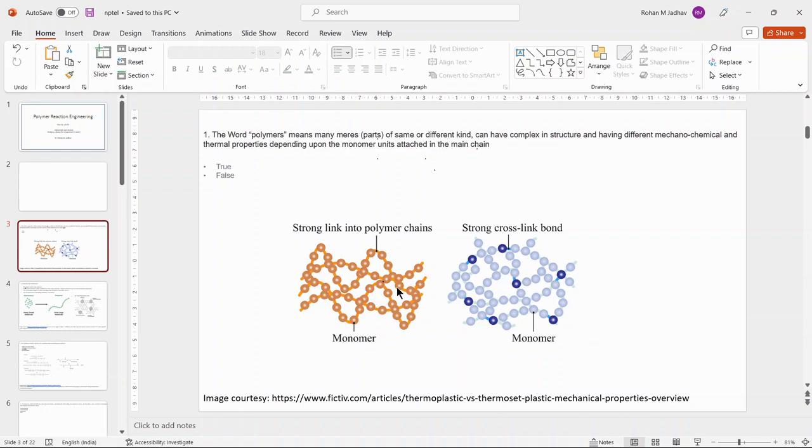Monomers can have functional groups that give them their own special properties. Here you can see cross-linking bonds forming, which gives this polymer species a certain rigidity. Here there is no cross-linking, so they are just an entangled mass.